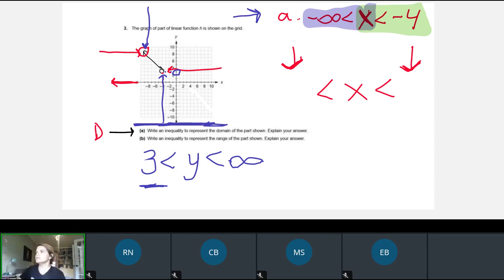Okay, Elise, let's see. Here's your inequality. I think this is the start of your inequality, maybe. Let's start over here. Let's make this your part A, your domain.